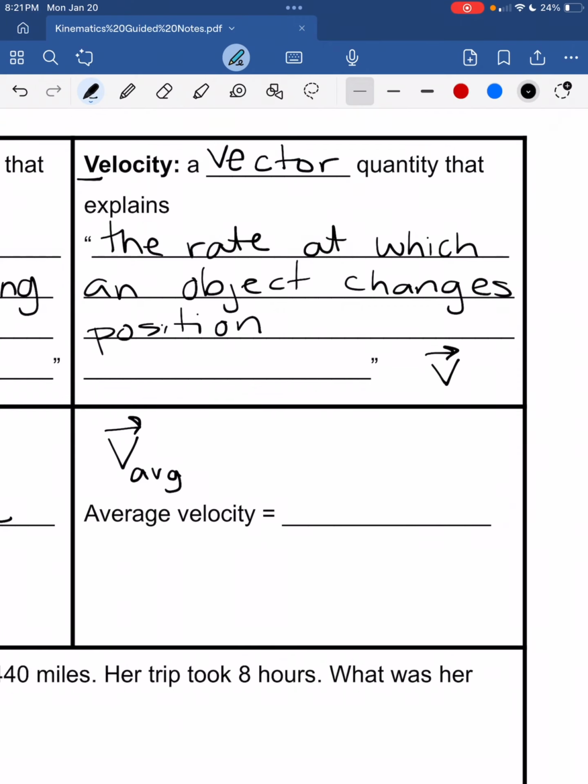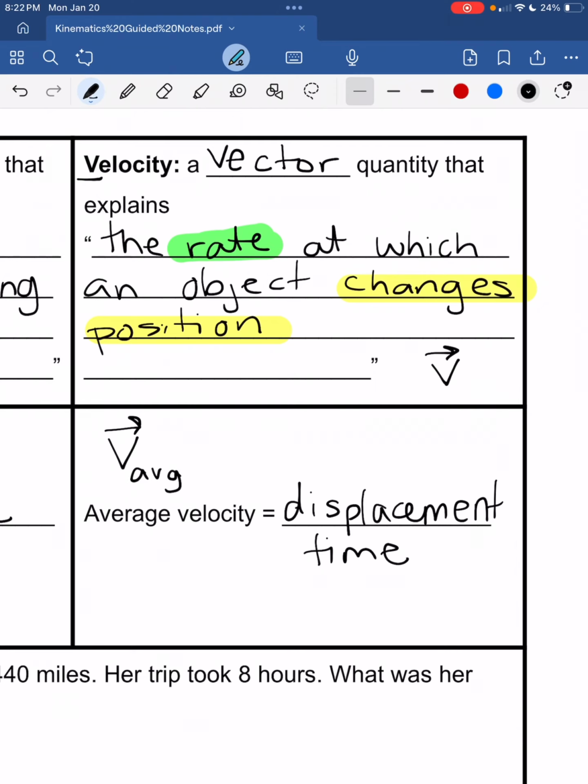So like we said, velocity is the rate at which an object changes position. And we said that the change in position is displacement. So displacement, and the word rate tells us that we have to divide, tells us that it's going to be a ratio, displacement divided by time.